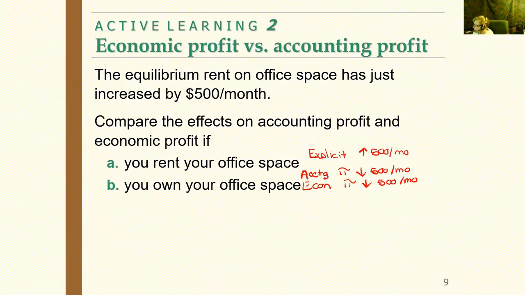However, if you own your office space, now we've got some opportunity cost here. So if you own the office space, now you might be thinking to yourself, can I rent this out? And I'll work from home. Okay, so now we would say, if you own the office space, that might be your opportunity cost. So your economic profit would actually be the loss of the $500 per month.